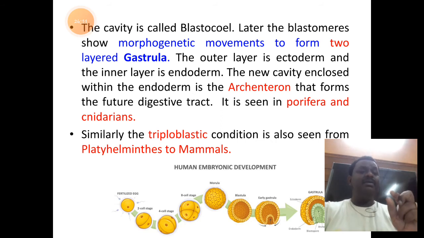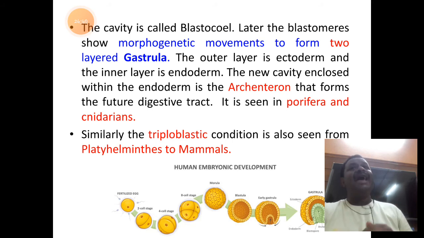The opening of the archenteron cavity, which is enclosed within the endoderm, is called blastopore. Students, remember, this two-layered stage is called the diploblastic condition of the gastrula stage, which is commonly seen in cnidarians and poriferans.